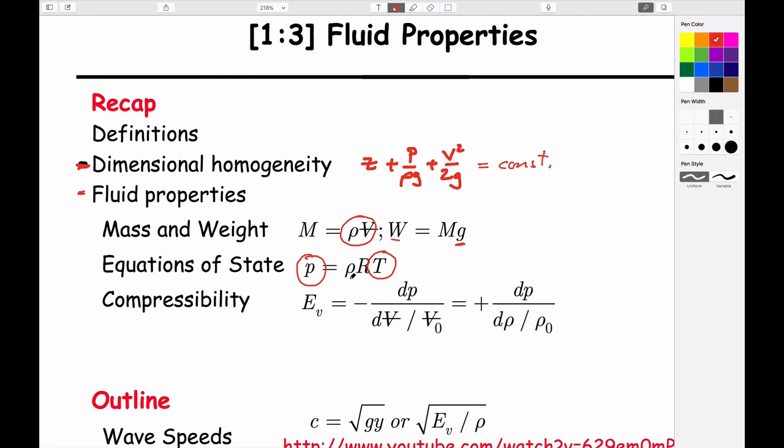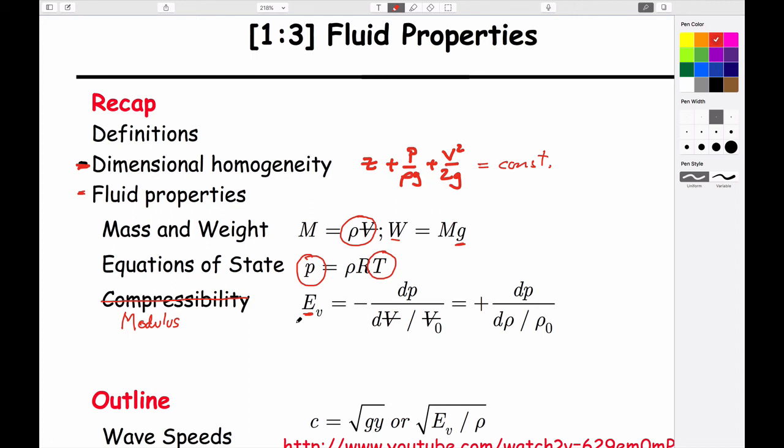And we also talked, in addition to viscosity and density, about compressibility. What's written here is the reciprocal of compressibility. It's modulus, which we'll call the volumetric modulus, which really just says the propensity of a fluid for compression.